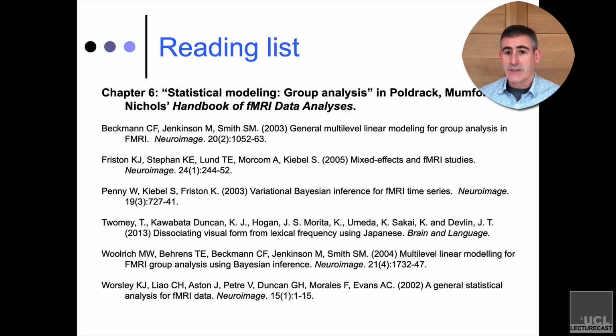And certainly the place to start is chapter 6 in the Poldrack book, because that's going to give you the overview and a lot of the interesting details. Then these papers will allow you to drill in in much greater detail. If you're planning to use fMRI in your research, in your career, these are kind of essential papers. Really, really critical. I will stop belaboring this point and wish you the best of luck with them.